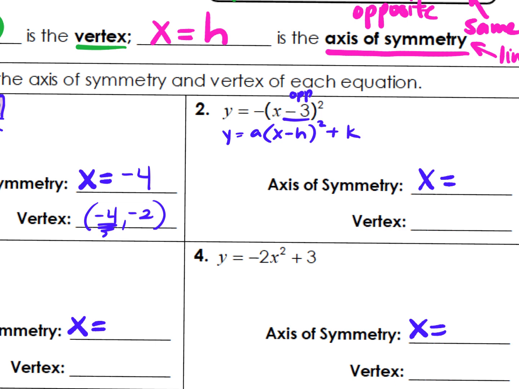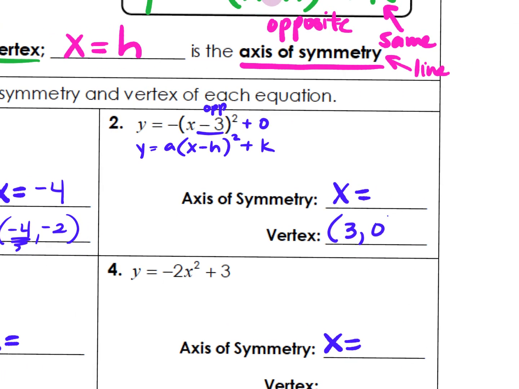So I'm subtracting a positive 3. So my vertex is going to be 3. What's your k value? What are you adding? You're adding 0. There's nothing there. So your vertex is going to be 3, 0. So what's your axis of symmetry? X equals 3. Don't forget the x equals, right? X equals 3.